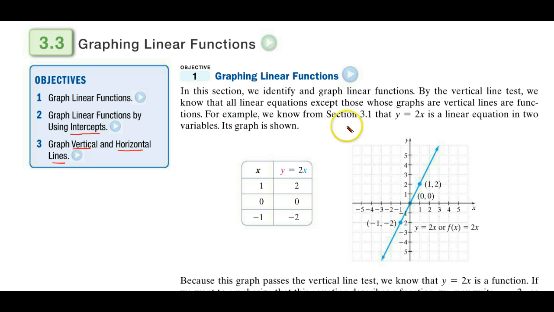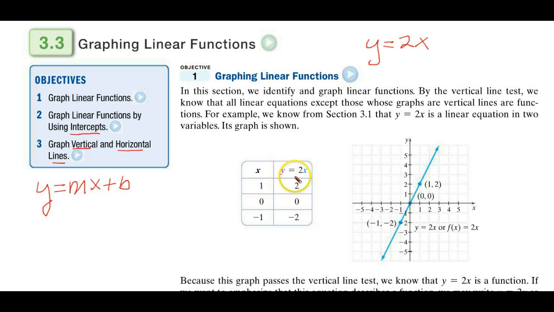So we start back in section 1 of chapter 3 with this equation. y equals 2x. Well, remember, this is in the form y equals mx plus b, which is the slope-intercept form.